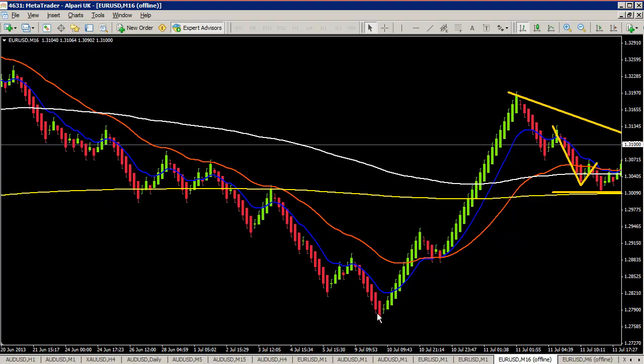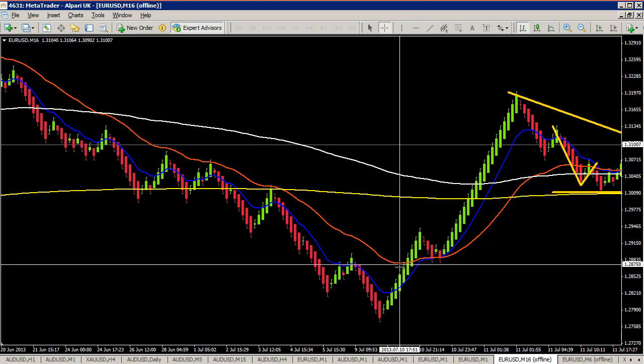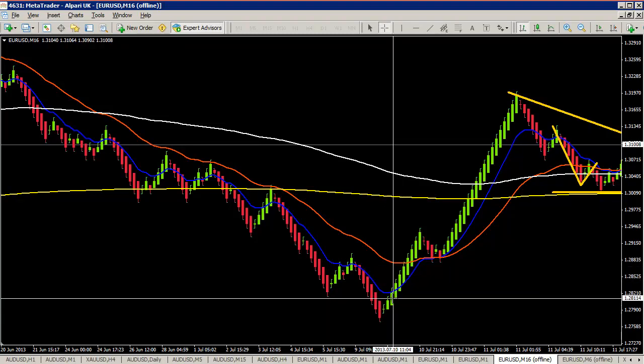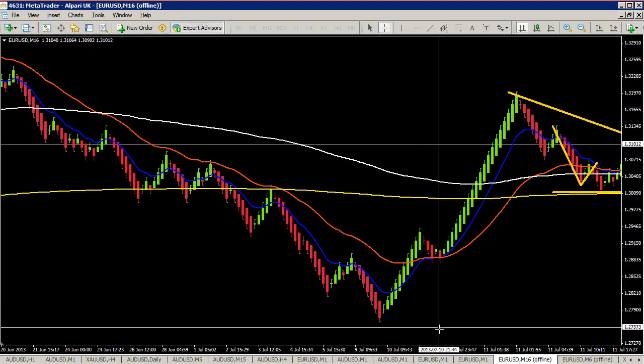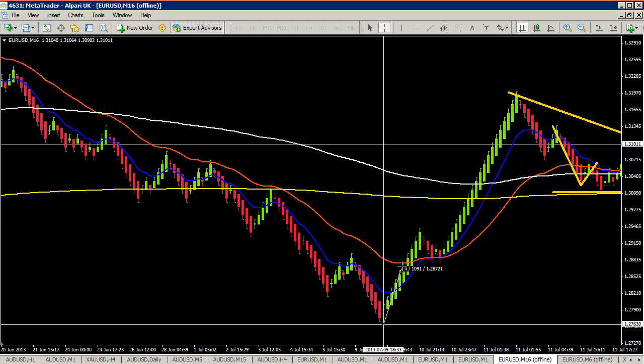Now I don't want to give it back, so I try to take advantage of a retracement, and if the price bounces again, I get rid of my longs and then I keep the shorts. That's the idea, to milk the market on the retracement as well.